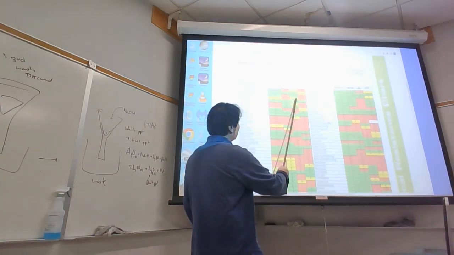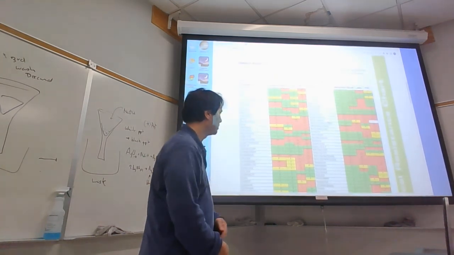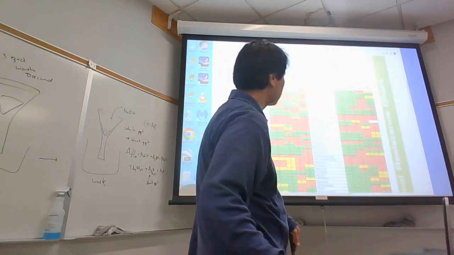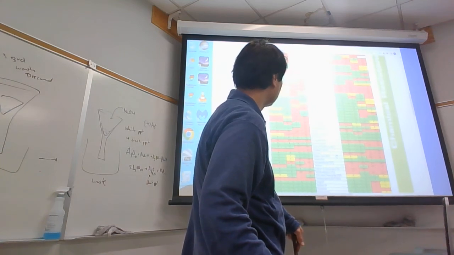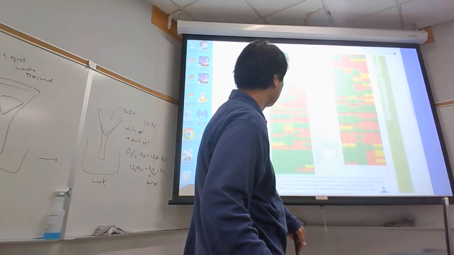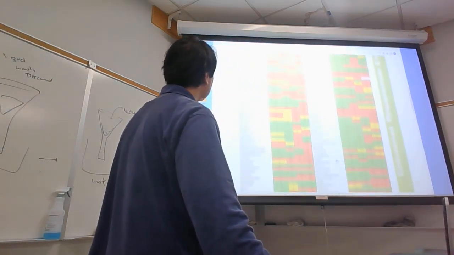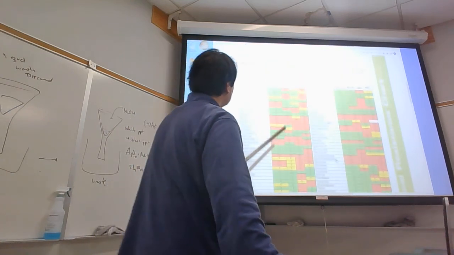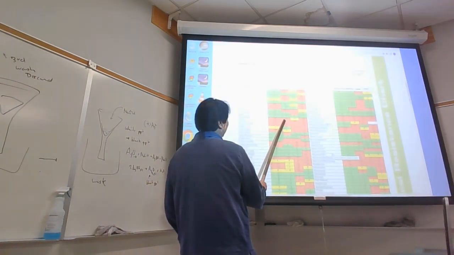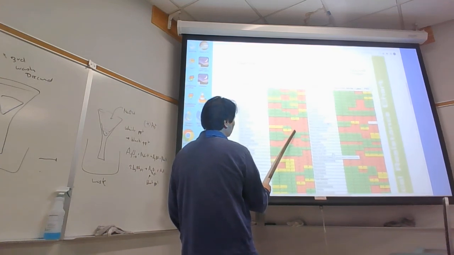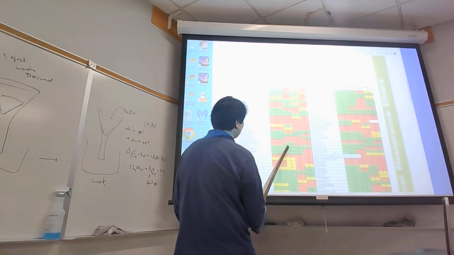So latex is this third column here in the gloves. You can see lots of red. It depends on what you're using. Let's take a look at some things. What are we using? We're using aqueous solutions. So there are some things that are good for nitrile that aren't good for latex. And there are certain things that are good for latex which might not be so good for nitrile.